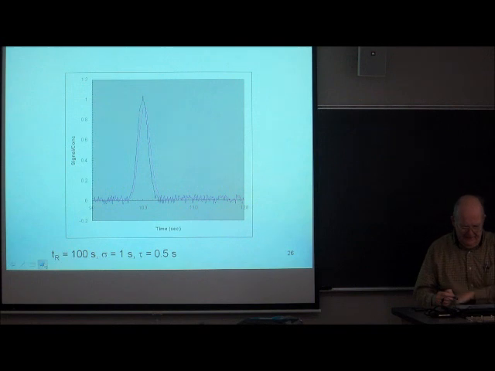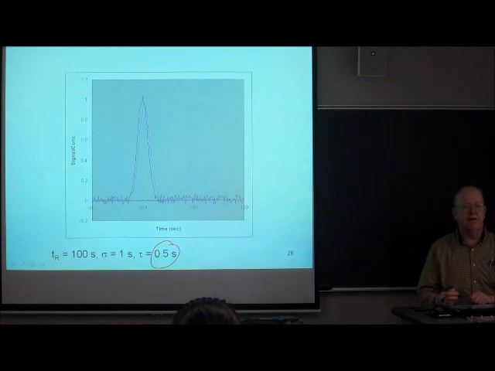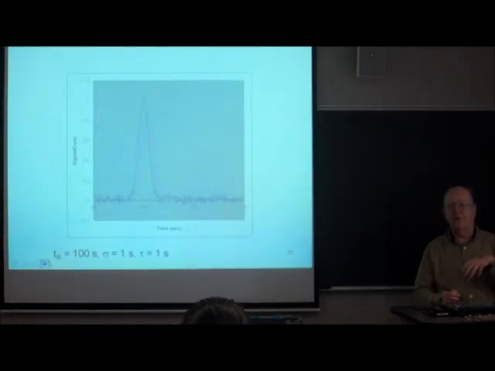So I've plotted my Gaussian, which is the blue, as the input with noise on it. And the output is pink, and that's the output with a 1/2 second time constant. If I increase the time constant, I pay a price of having more distortion of my signal.